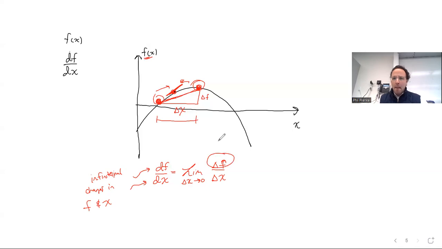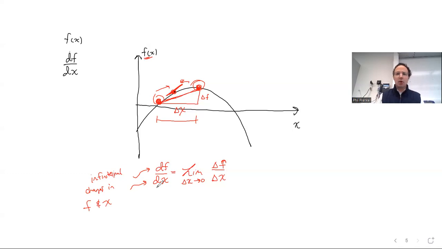Delta f is like a macroscopic jump or change in the function f. Delta x is a macroscopic jump in the input value x. And if I shrink those intervals down, I get the ratio that I call df dx.